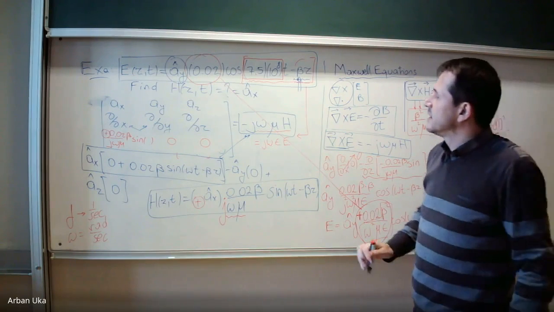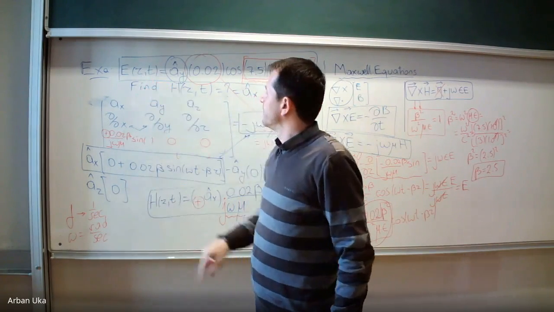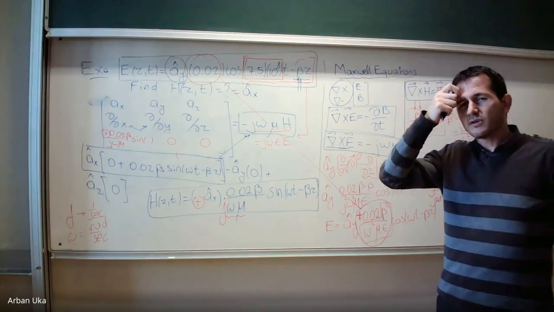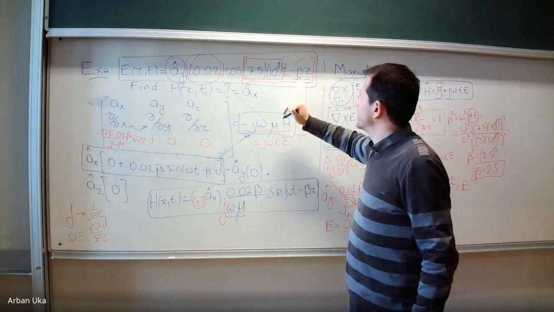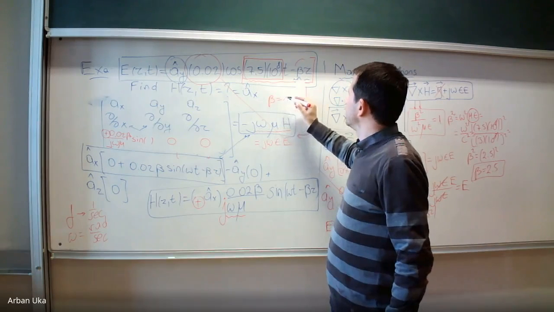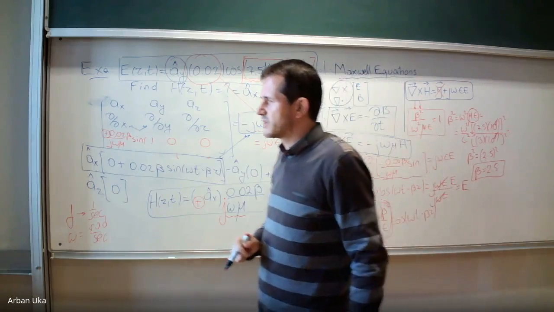Okay, fine. Now, we were given this electric field, okay? And what we did is that we applied the Maxwell's equations twice, and we got some information about this beta. And now this beta is equal to 2.5. What is the unit of beta? Can you help me with this?